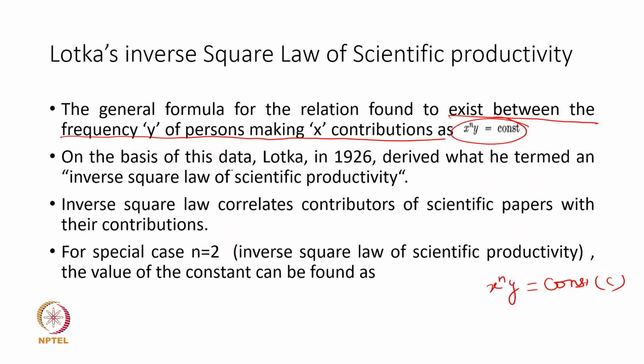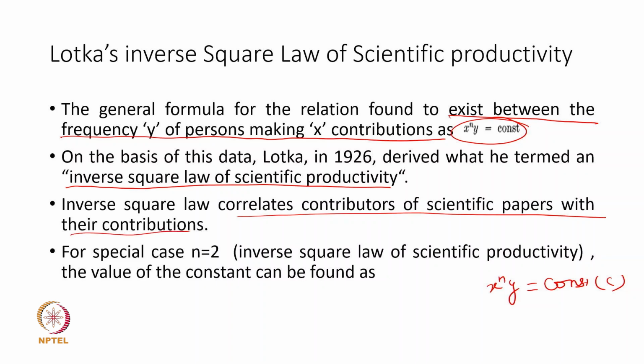On the basis of this data, Lotka derived a law, and this is termed the inverse square law of scientific productivity. The inverse square law correlates contributors of scientific papers with their contribution.